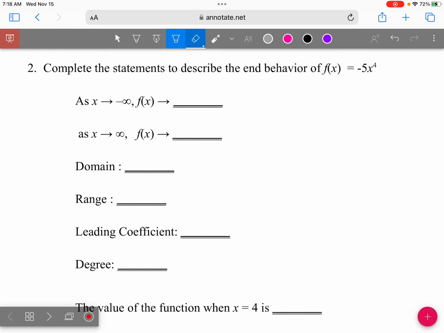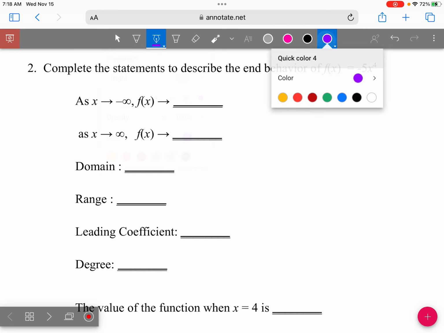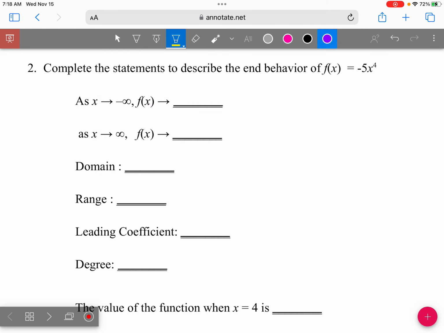So what is our degree? 4. The degree is our exponent. What is our leading coefficient? -5.